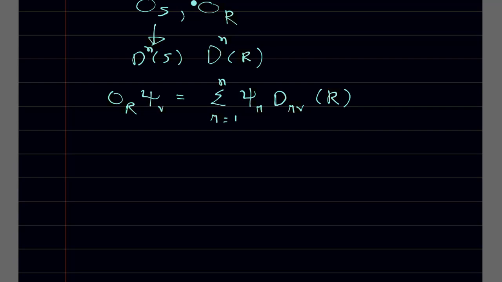Okay, and mu nu both go from 1 to n. So now consider I have OSR acting on nu. What I want to say is, consider I have some operator C which acts on psi nu, and I know that C is equal to SR and C also belongs to the same group.